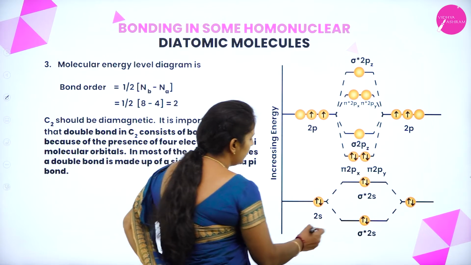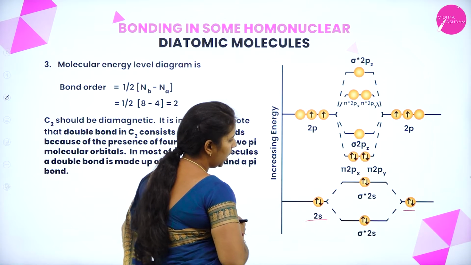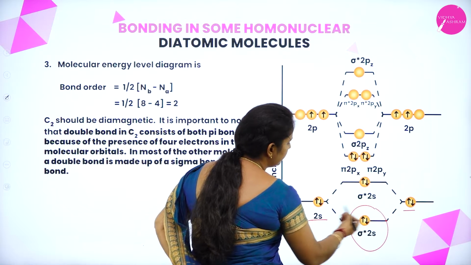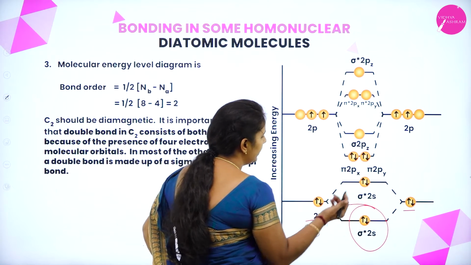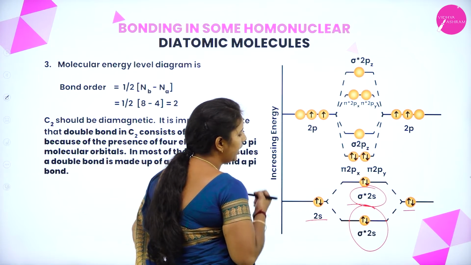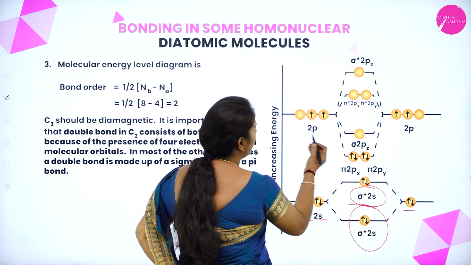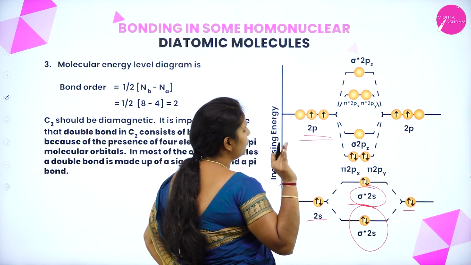So you can see that there are 2 electrons involved in the 2s orbitals. When it gives 1 electron, it gives rise to what? It gives rise to the bonding atomic orbital. Similarly, it will share 1 electron to form an anti-bonding atomic orbital. Then, if it comes to the 2p, in 2p we have how many electrons? 4 electrons.